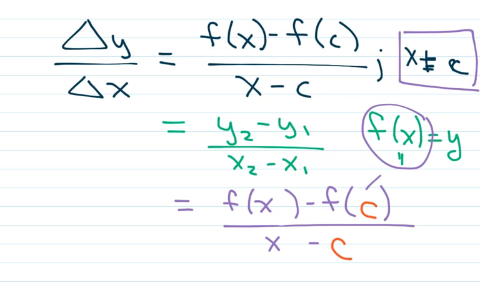So let's do 2 problems. Let's just do 1, because we have to do them twice. Our equation is f of x equals negative 2x squared plus 4.